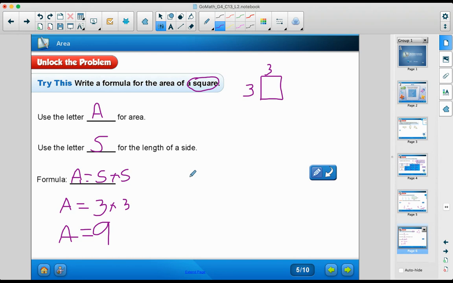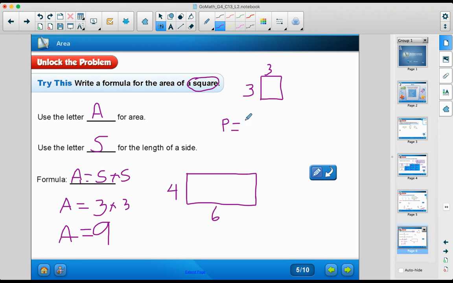Now, let me just explain to you. Here's your backyard. You have a fence around your backyard. This is 6, and this is 4. How big is the fence? Well, if I'm measuring the outside of my backyard, I need to find my perimeter.